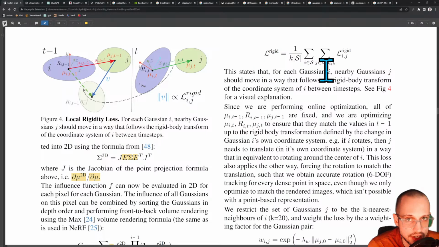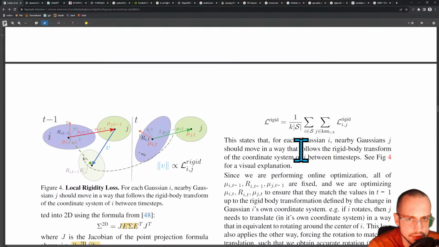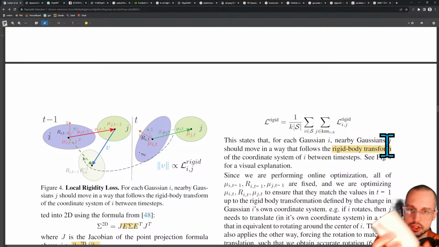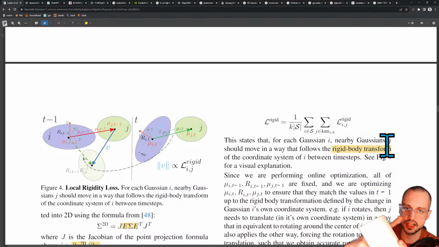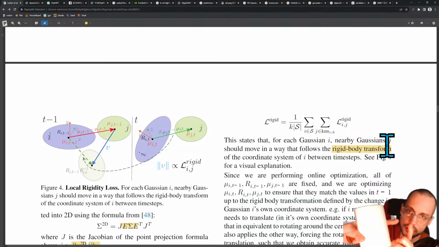This states that for each Gaussian i, so this is L rigid, nearby Gaussians j should move in a way that follows the rigid body transform of the coordinate system of i between time steps. So if you have this little Gaussian, and it has some rotation and some relationship to the Gaussian next to it, when that rotation matrix changes, then that Gaussian there should also rotate, right?